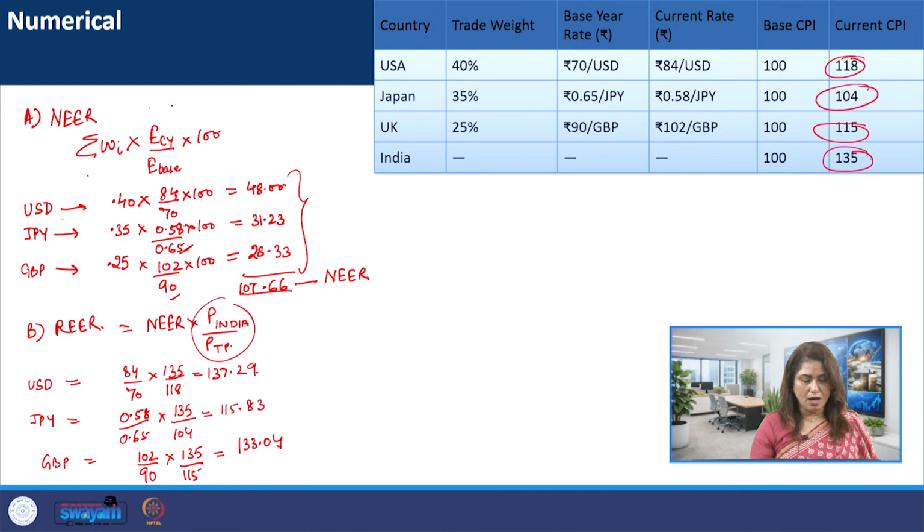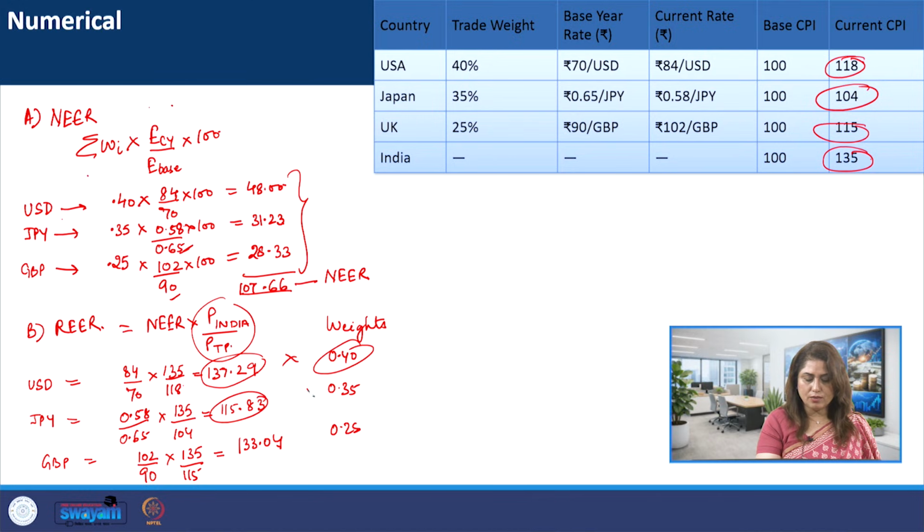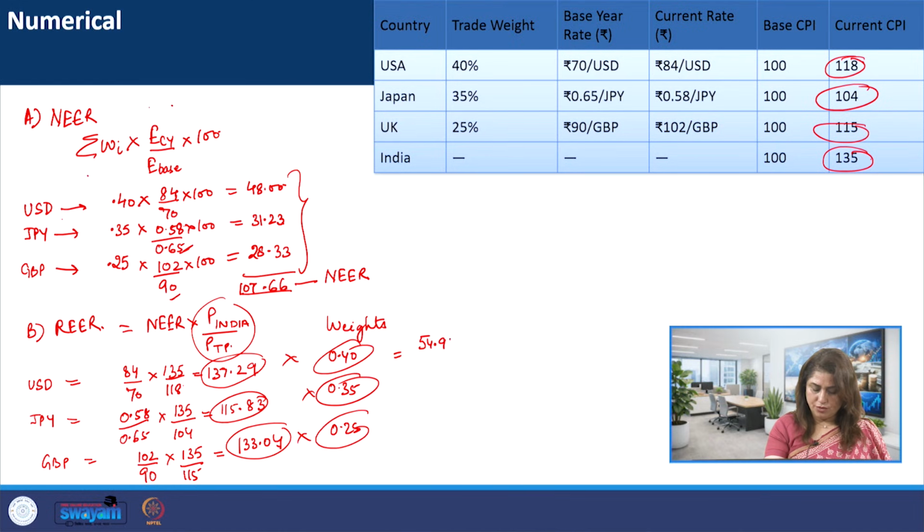133.04. Now we are going to apply the weights and see the total contribution. The weights assigned are 0.40, 0.35 and 0.25, and we will multiply each weight with its respective value, and what we get is 54.92 for USD, 40.54 for Japanese yen, and 33.26 for British pound.